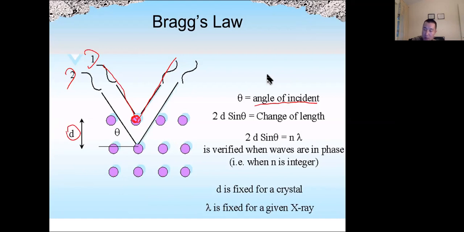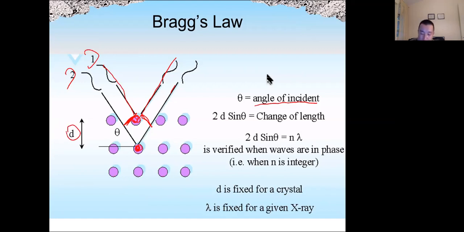Wave 2 also has an angle of incidence of theta, but it is reflected from this atom and reflects back. Look at the difference in travel distance between wave 1 and wave 2. Wave 2 traveled longer than wave 1.